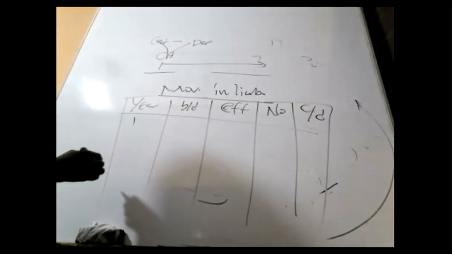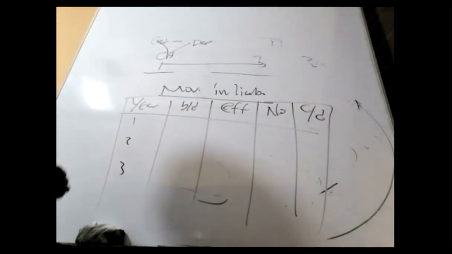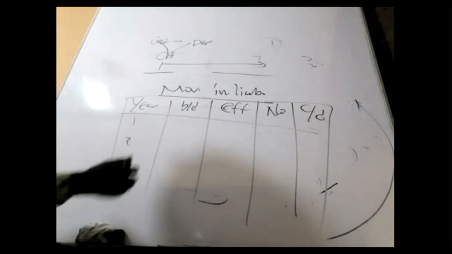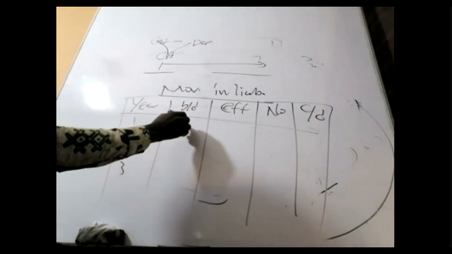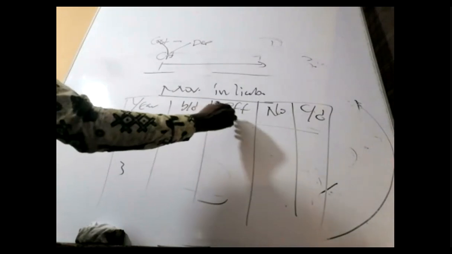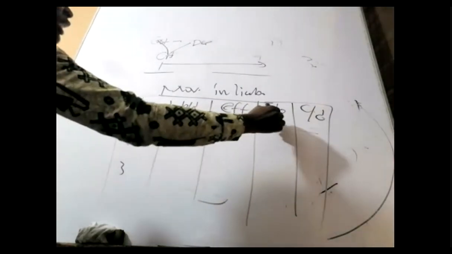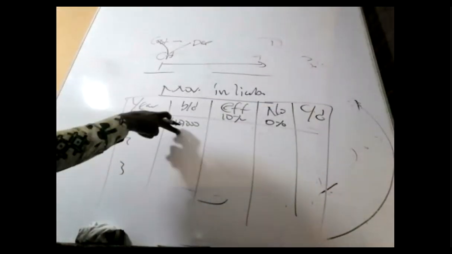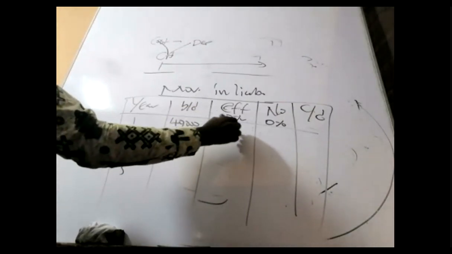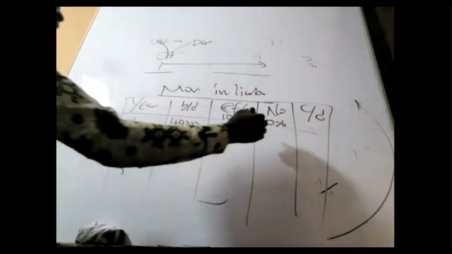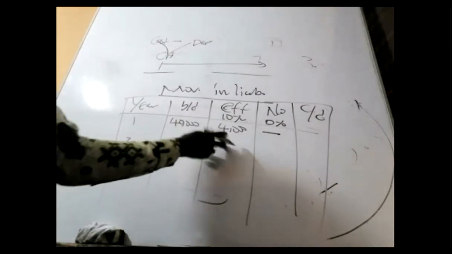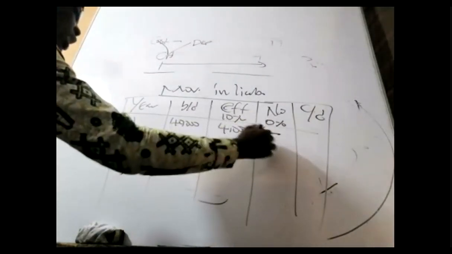Now, year 1, year 2, year 3. Open balance is 40,000. Effective interest rate is 10%. The nominal rate is 0%. So 10% of the open balance is 4,000. The nominal is cash, so here you add the interest and subtract the cash.